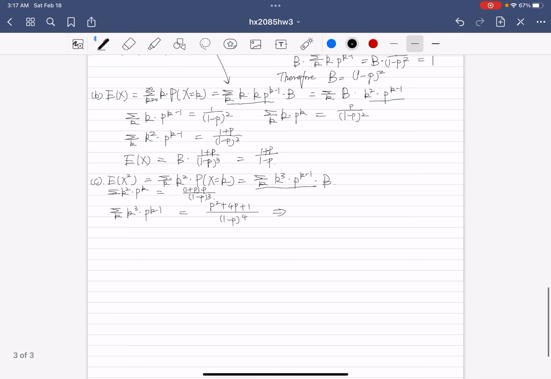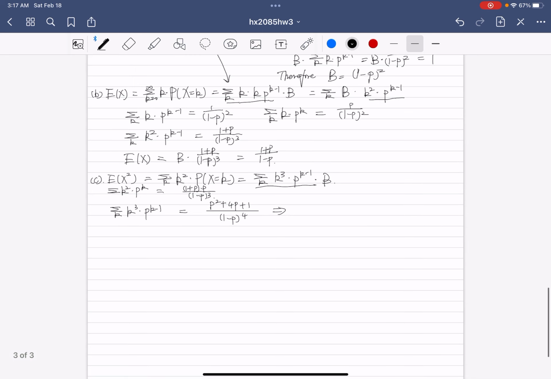Then we can continue times b to get our mean of x squared, which is 1 minus p squared times p squared plus 4 times p plus 1 over 1 minus p to the power of 4.